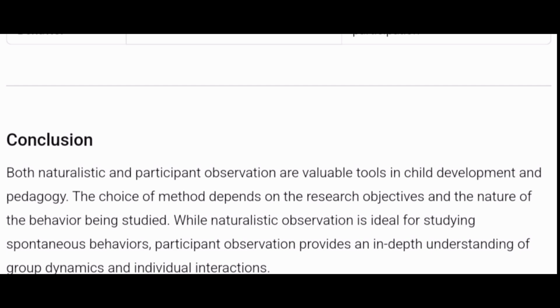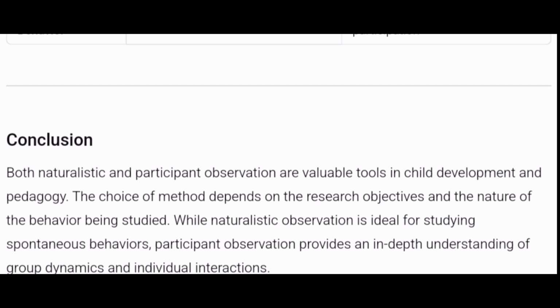Now, suppose I say that Nengthon, which method would you choose? Naturalistic method or participant method? Nengthon will decide which method to choose according to his interest and what he wants to achieve, right?